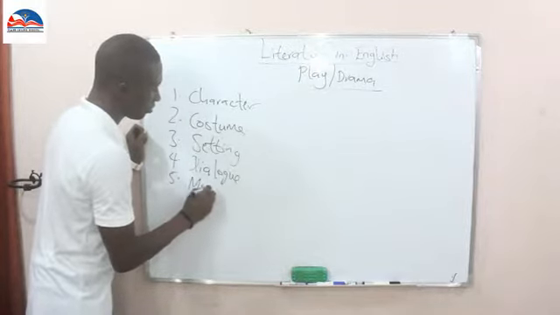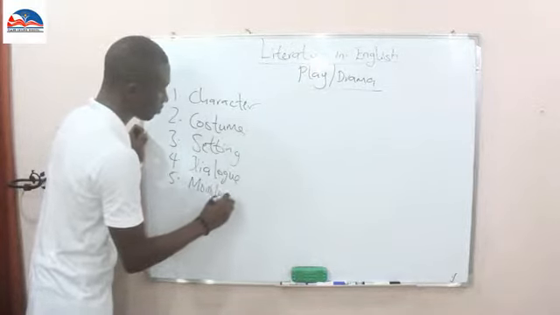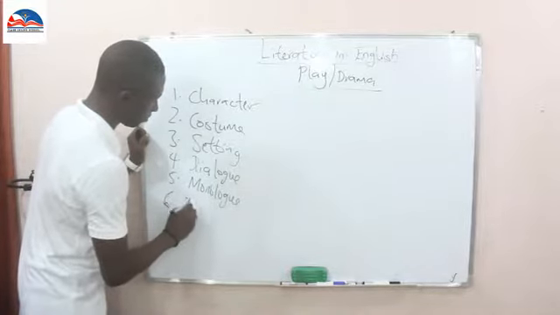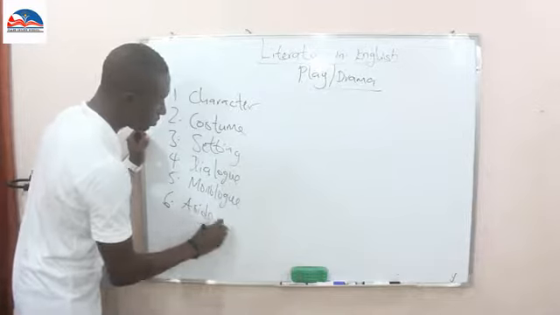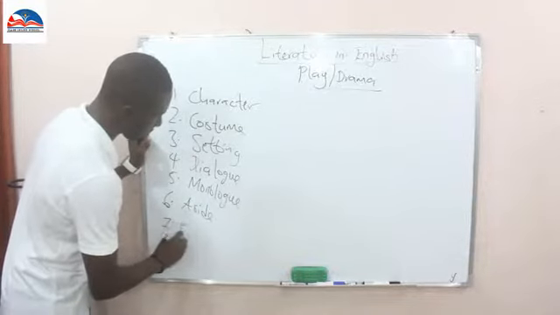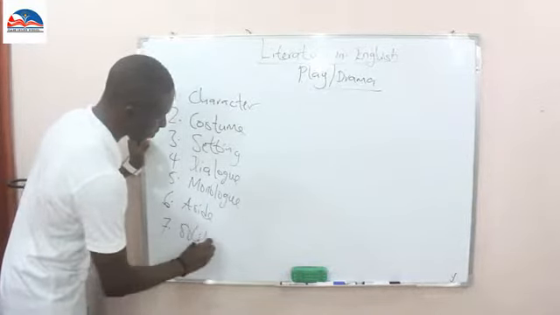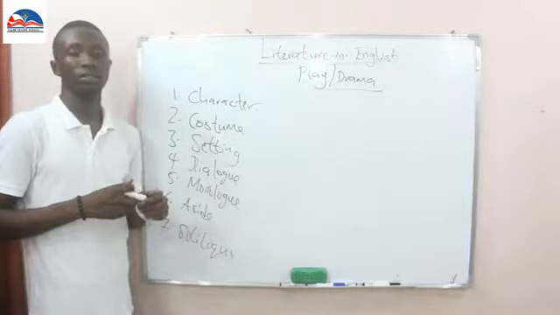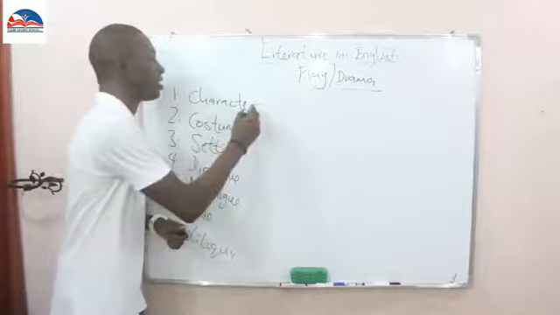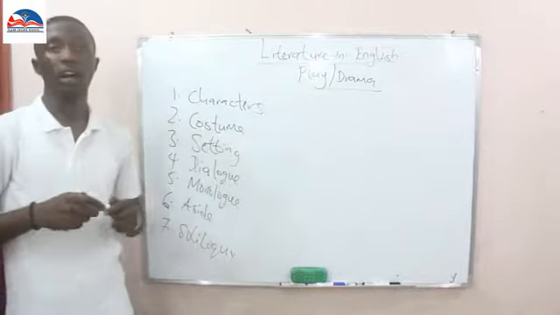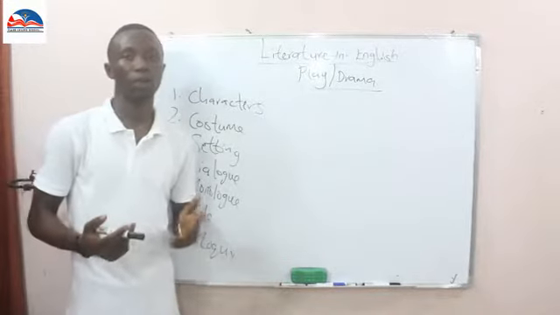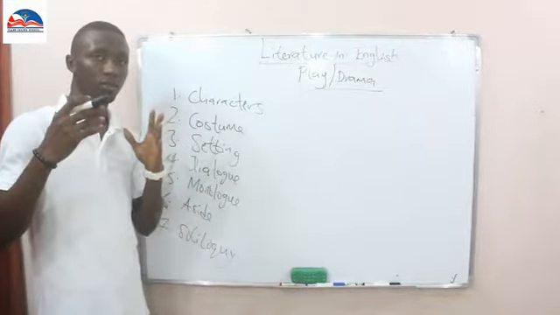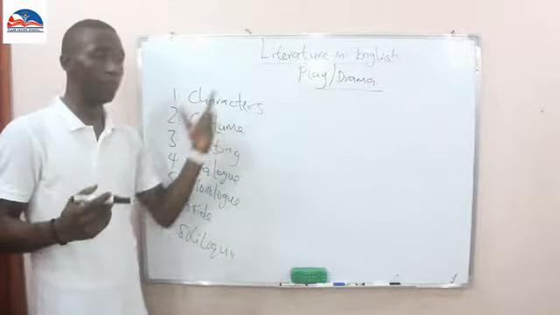Monologue. Aside. And soliloquy. Now the characters are the different people that make up a work of art. They are the different people that are involved in the work of art in a play.